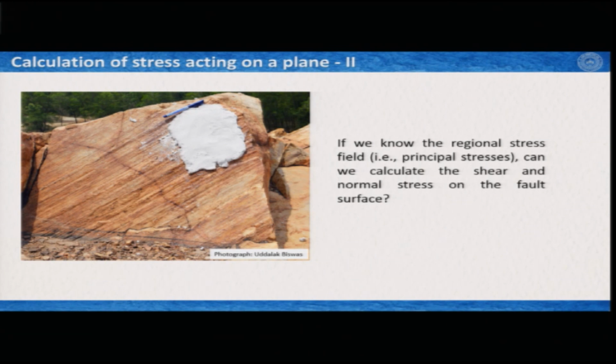What we see in this photograph is a sheared surface, a fault surface, and all these striations that you see are known as slickenlines. We will learn about it later. And this white thing that you see here, we did in the field just to take a cast of these slickenlines for a different purpose, so it is still there.